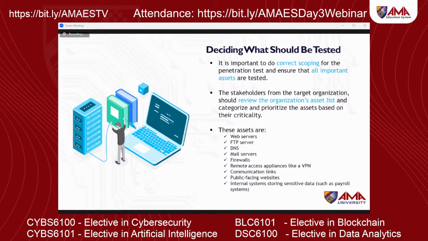Like in web server, you must know the scripting and web dev, and also for firewalls and DNS configuration, you must also be network proficient, no? So yung company is hiring cybersecurity specialists that are also experts on these assets.